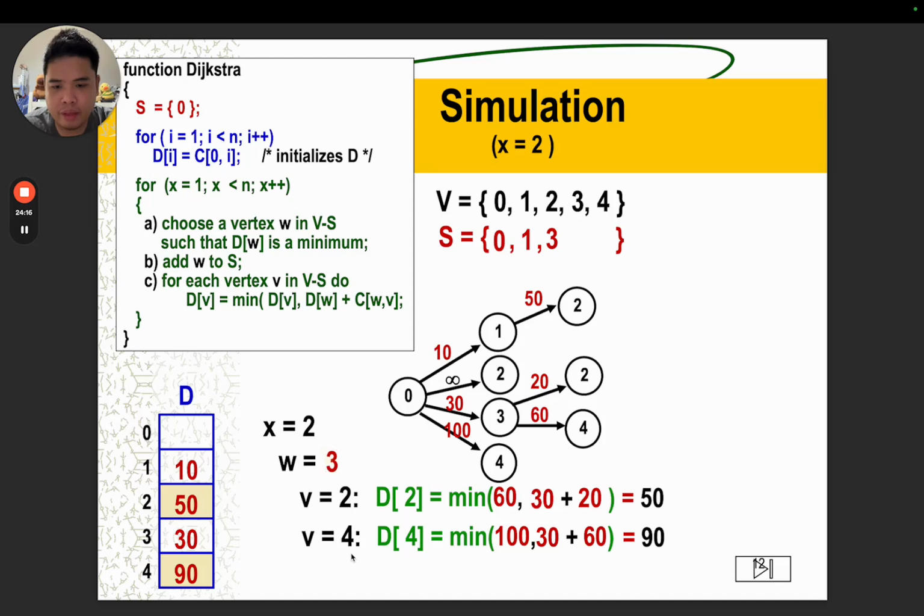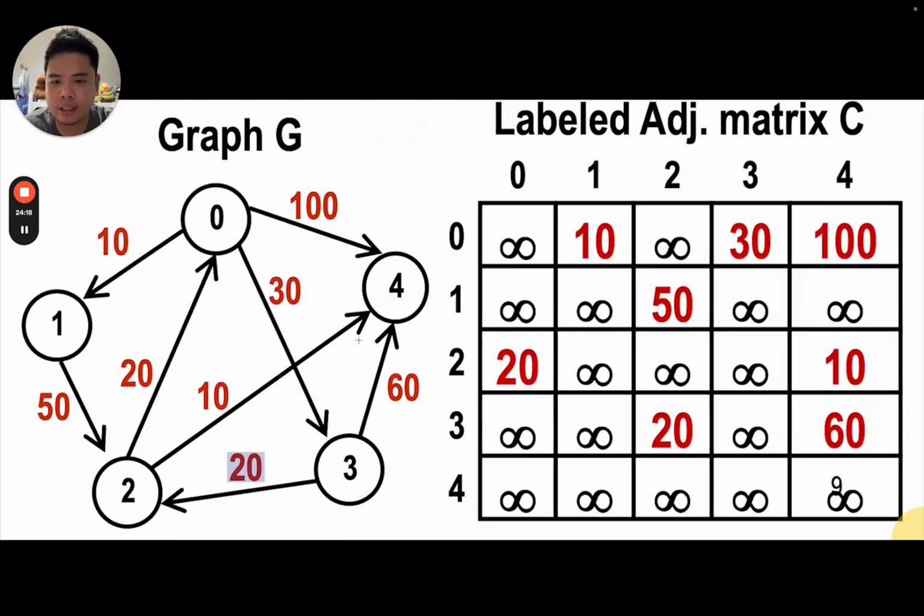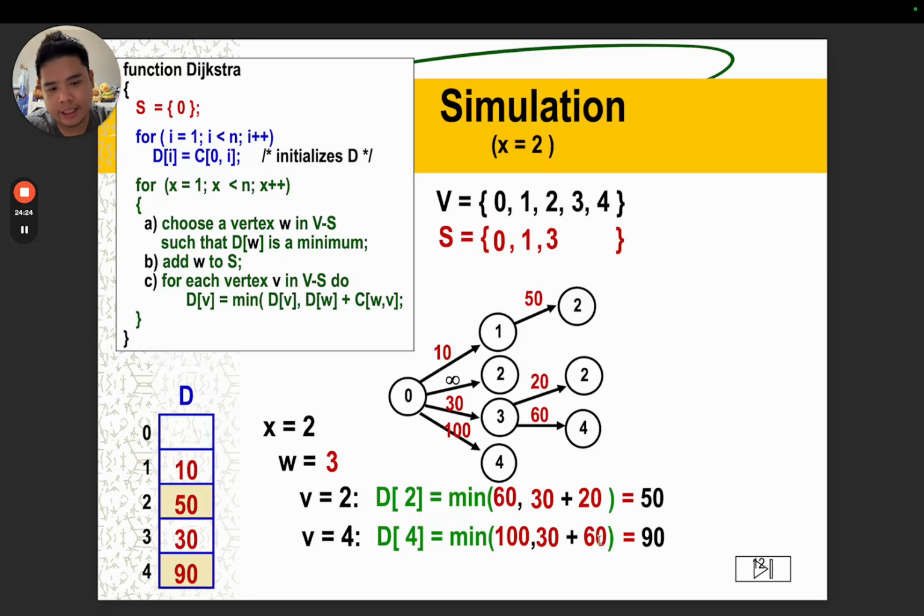Is there a path from 3 to 4? Let's look. From 3 to 4, there is an arc. That's 60. That's what is the C. So we compare 90 and 100. What is smaller? It's 90. So I overwrote my D4. D4 gets 90. And you will notice it's also mapped out in the simulation.